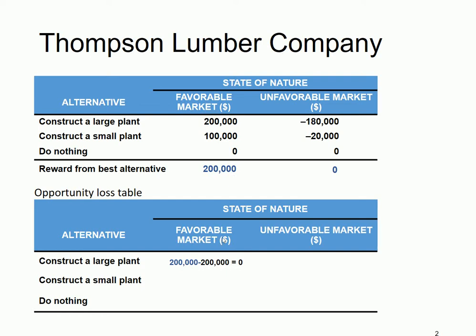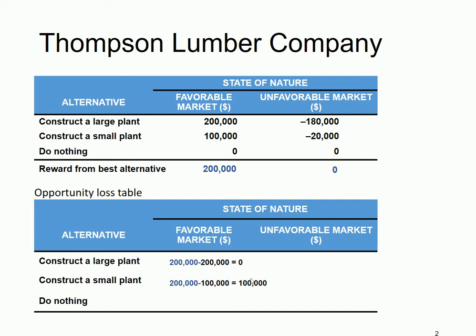But if the market is favorable, but you choose a small plant, then you now actually get $100,000. But you know what? If you had chosen the best alternative, you could have gained $200,000. So that means there's a gap between what you actually get here versus what you could have got from the best outcome.